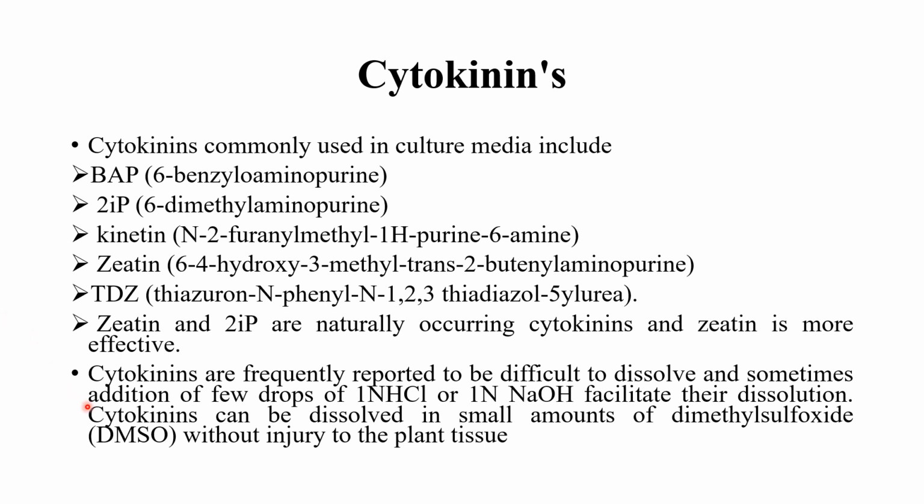But cytokinins are frequently reported to be difficult to dissolve, and sometimes the addition of a few drops of 1N HCl or 1N NaOH facilitates their dissolution. Otherwise, as I told you, we can use DMSO for the solubility of cytokinins, which also protects the plant from other injuries.